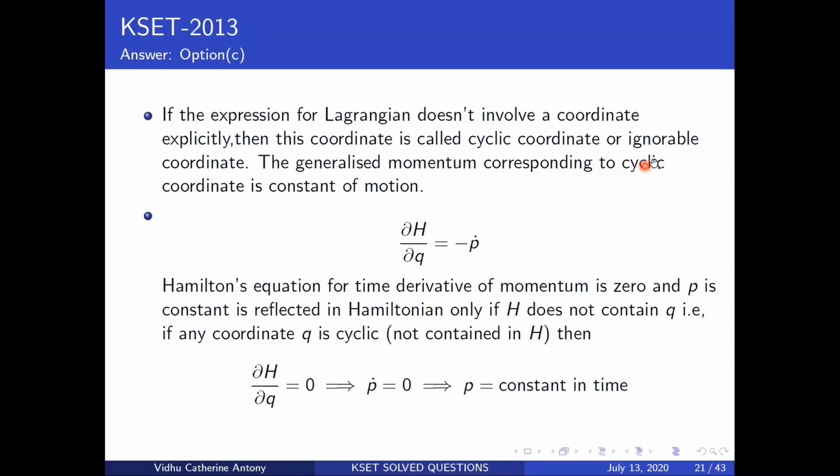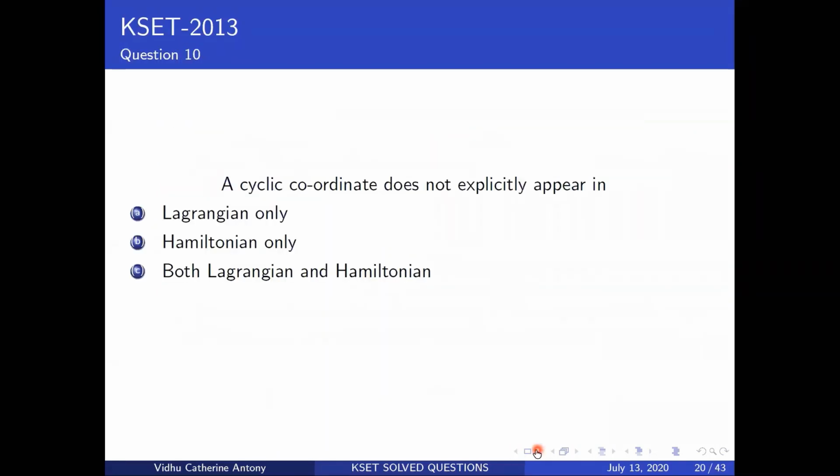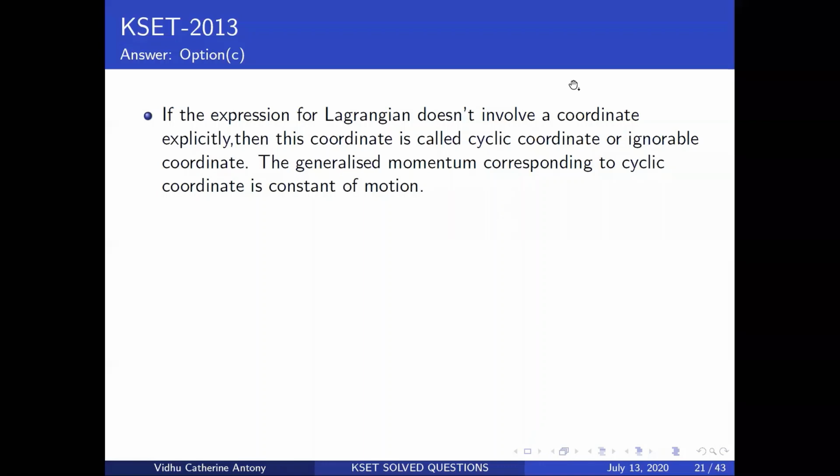So you can work this out backwards too. If I say p is a constant of motion, your p dot is 0, so I can just supply 0 here. That means this coordinate is not going to be there in the Hamiltonian. So in both cases, your Lagrangian as well as your Hamiltonian, your cyclic coordinate does not explicitly appear.